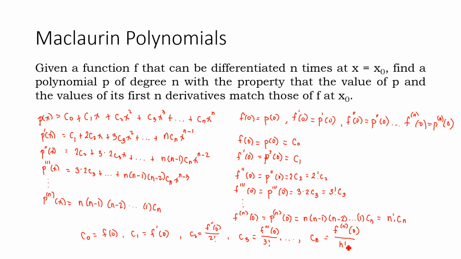So the polynomial that results by using these coefficients is called the nth Maclaurin polynomial for f.